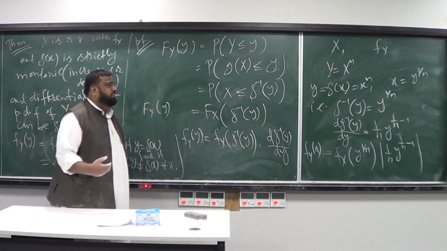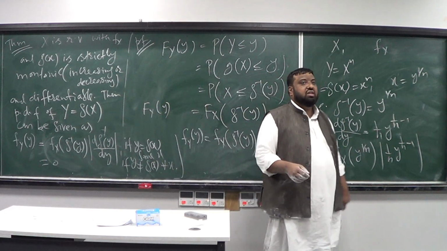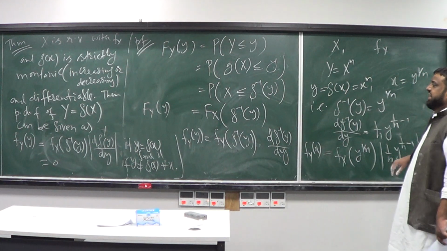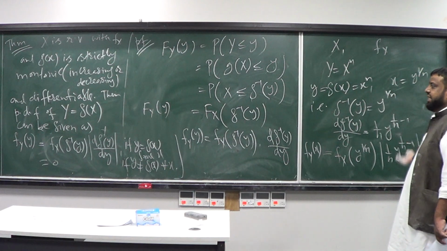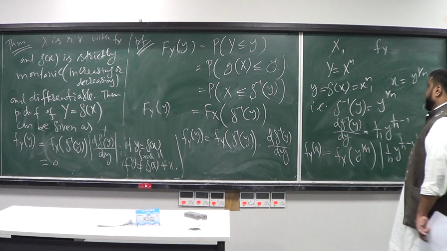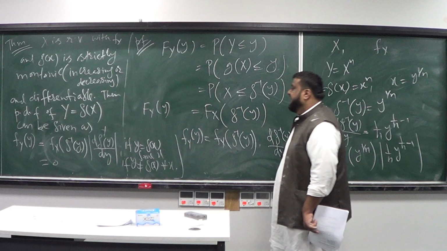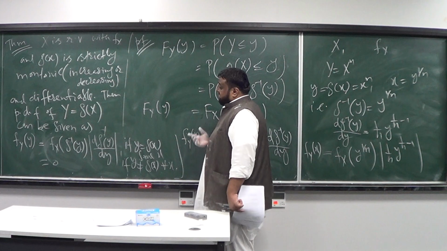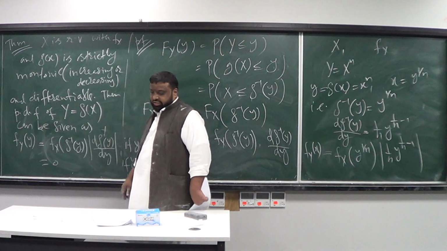You can take any invertible function, monotonic and increasing or decreasing, and find the PDF of Y equal to g(X), where X is the random variable. This is what the trick is. Either you can apply the trick or you can directly apply this formula to find the PDF, but you have to be careful that your g should satisfy these assumptions.